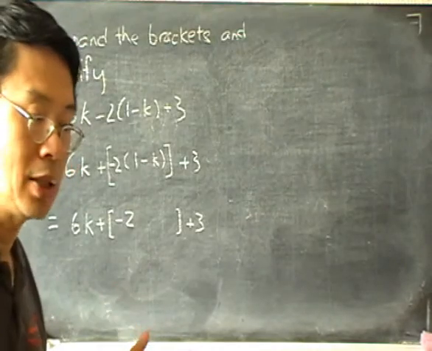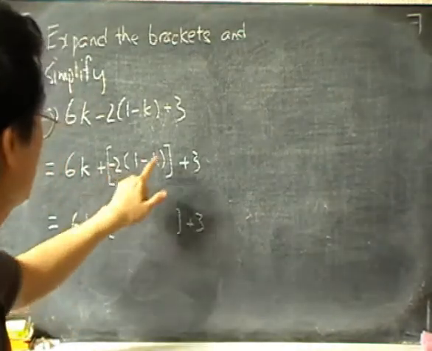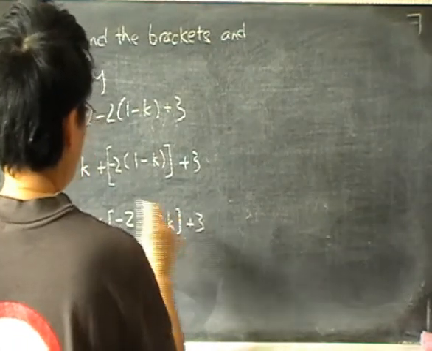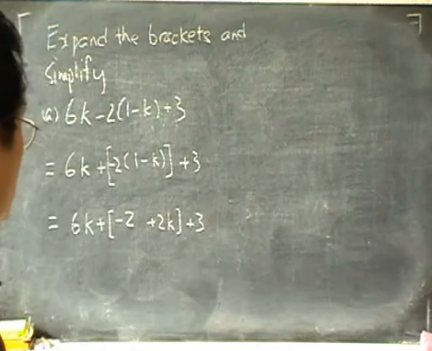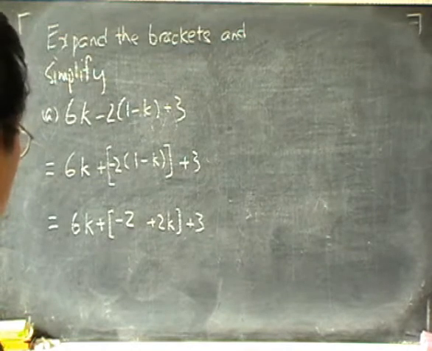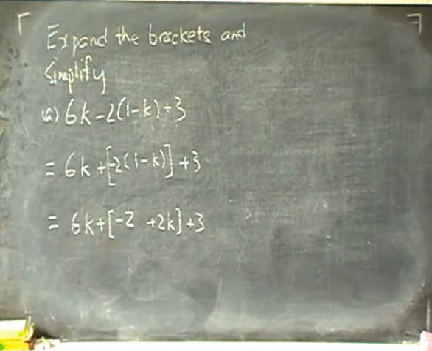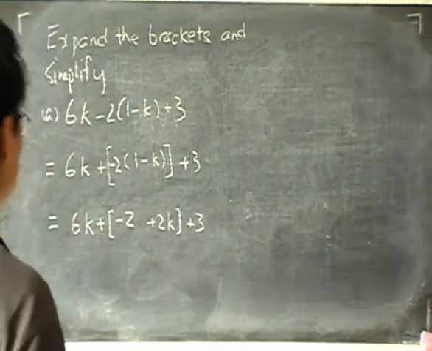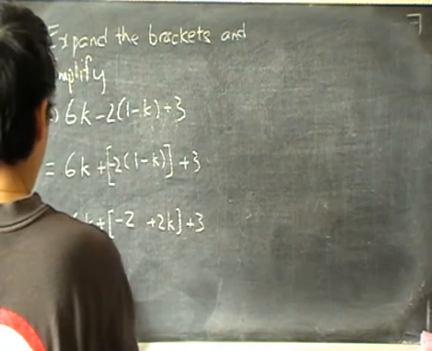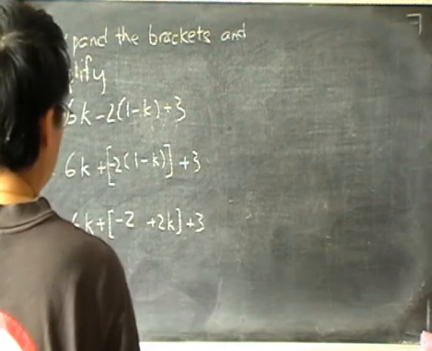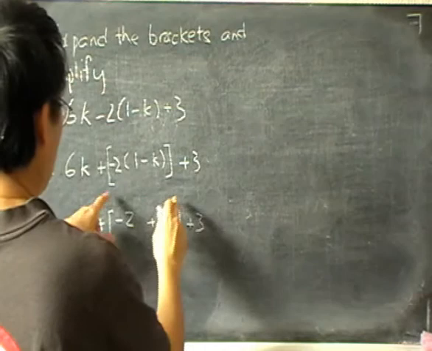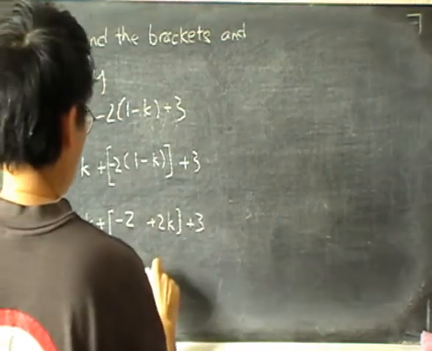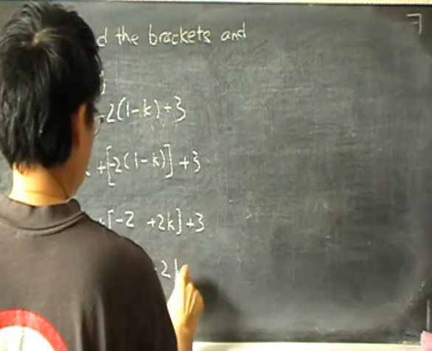So 2 negatives become a plus. Minus 2 times minus k is plus 2k. So that's what we have now. Right. Now that we have removed the inner bracket, let's remove that big bracket. When I remove this big bracket, it simply becomes minus 2 plus 2k.